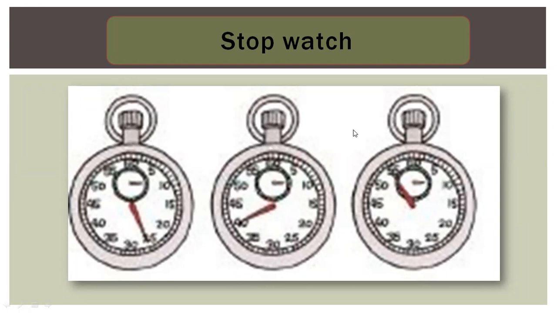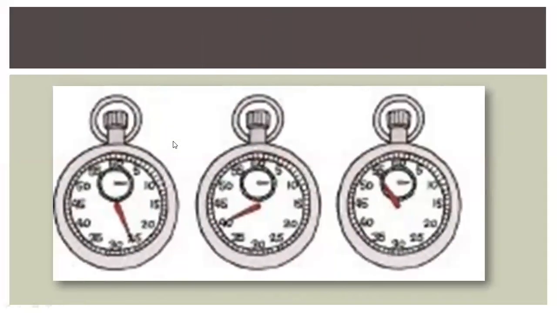They are measuring the time in seconds, and when the red needle is on 60, it is 1 minute. So when this red needle goes on 60, it means 1 minute. So let's find out what is the time on each clock.